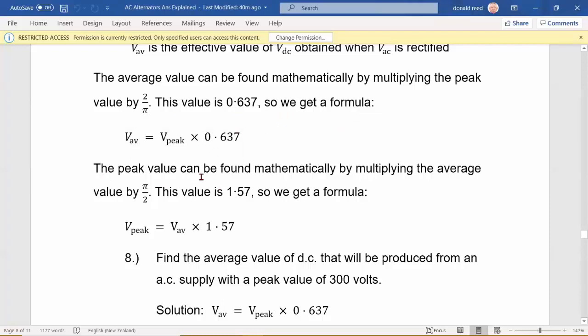Okay, now the peak value can be found mathematically by multiplying the average value by pi divided by 2. This value is 1.57. So we get a formula: V peak equals V average multiplied by 1.57.